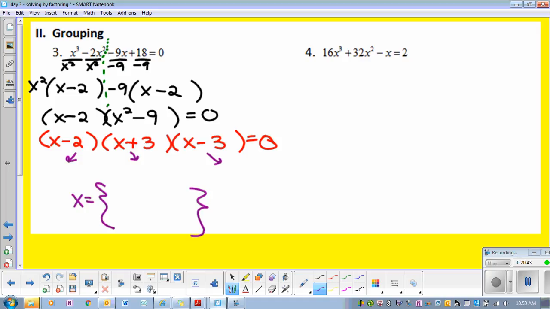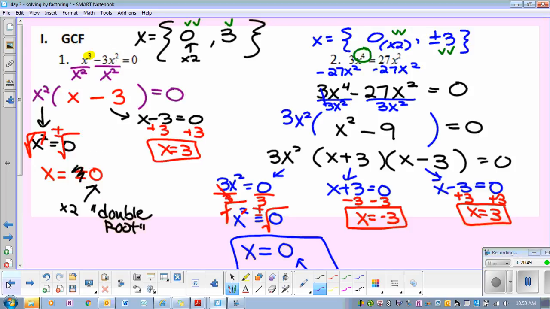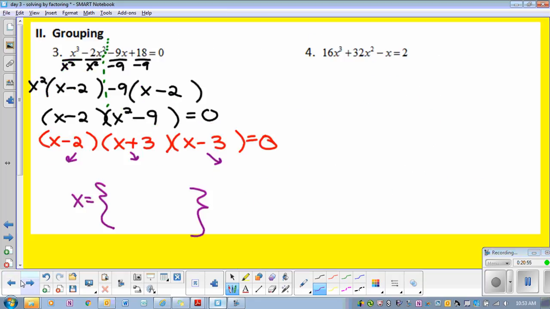Making it equal to 0, solve for x. x minus 2 equals 0, solve for x. x plus 3 equals 0.